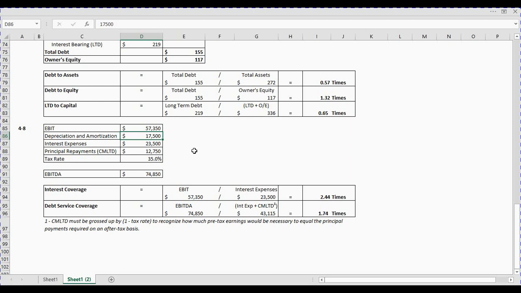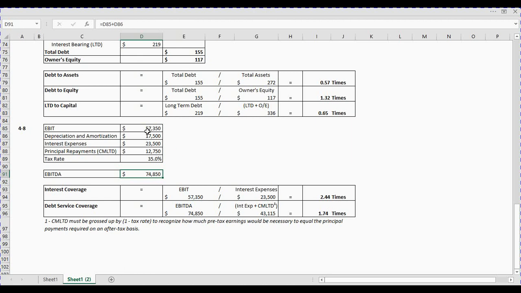Where depreciation reduces the value on our books of a long-term fixed asset, amortization reduces the value of a long-term intangible asset. So we add depreciation and amortization back to EBIT, because they've been shown as a reduction on our income statement. We're going to gross our net income back up by that amount, and that gives us EBITDA.